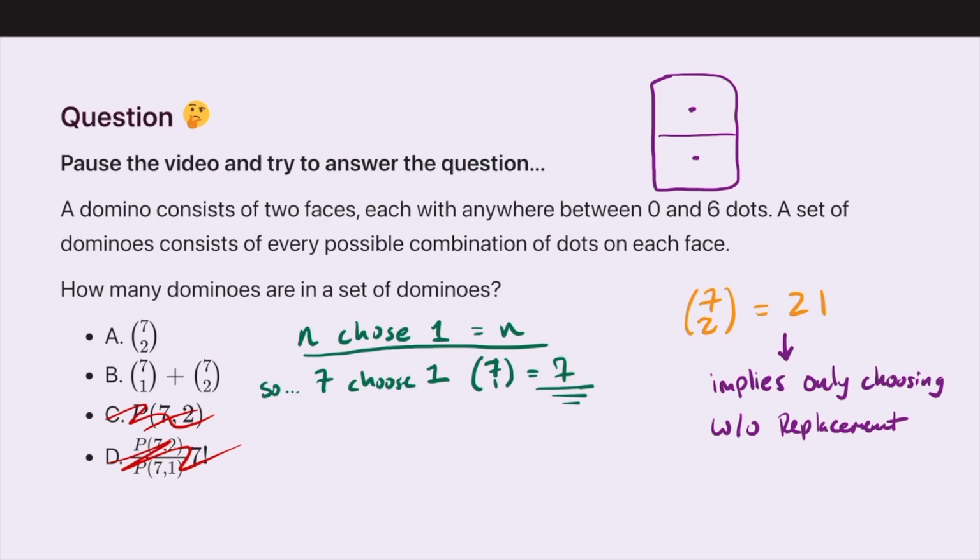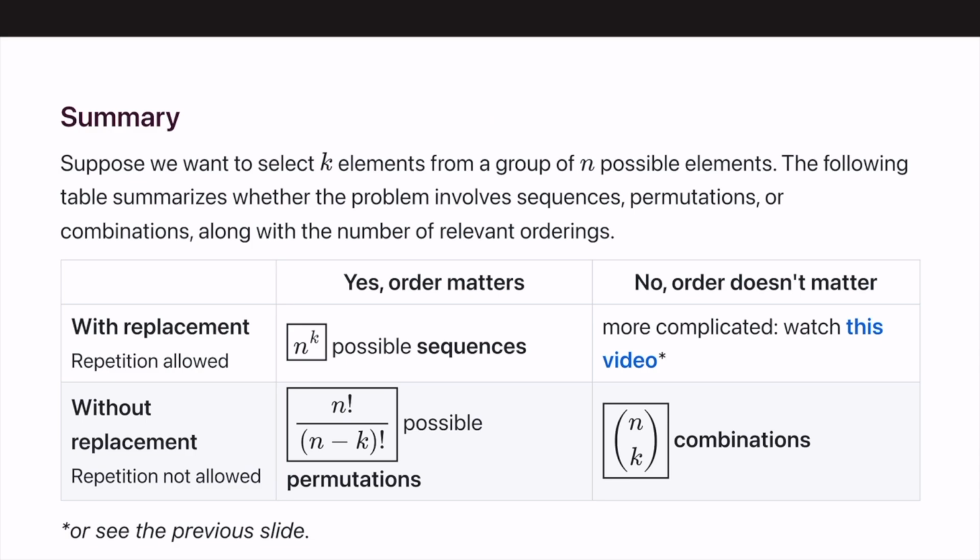So we need to have 7 choose 1 plus 7 choose 2, which gives us 21 plus 7, 28, which would be the answer that we're looking for, because that accounts for the duplicates, or the double dominoes.